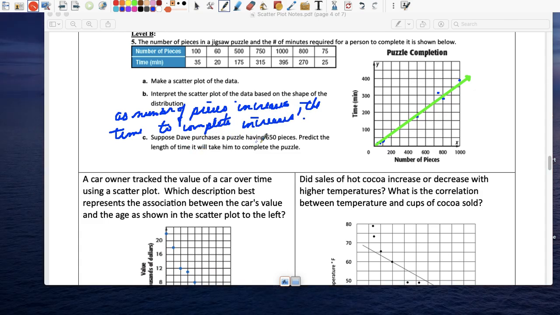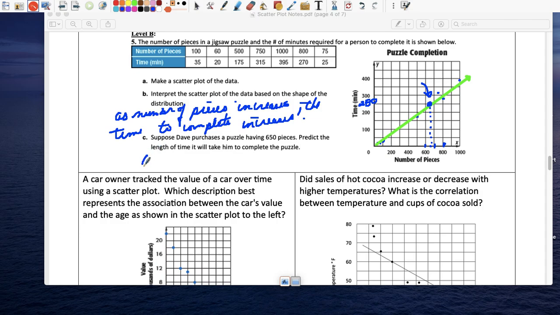Suppose Dave has 650 pieces. Predict the length of time. Well, let's find 650. So here, this is 600. This is 800 right here. So that's 700. So 650 is where I'm putting this dotted line here, and it's about there. And that looks like 250.